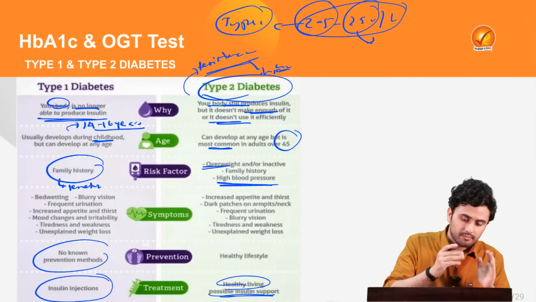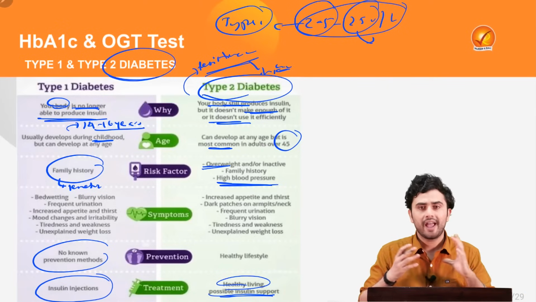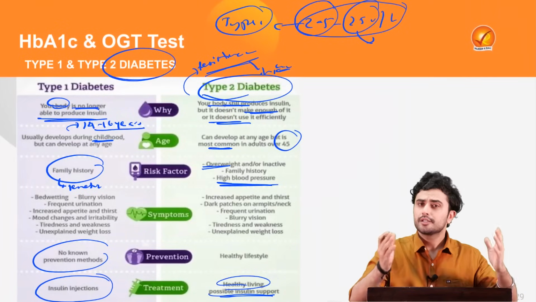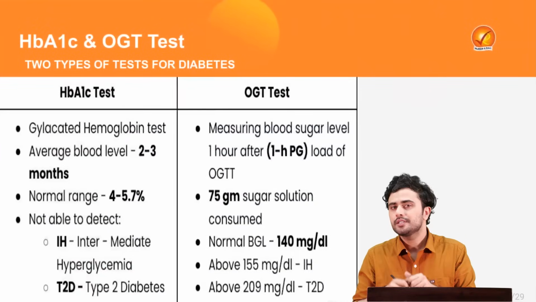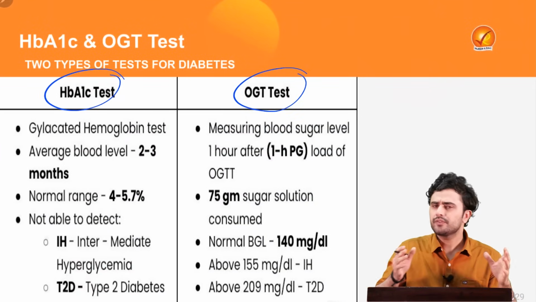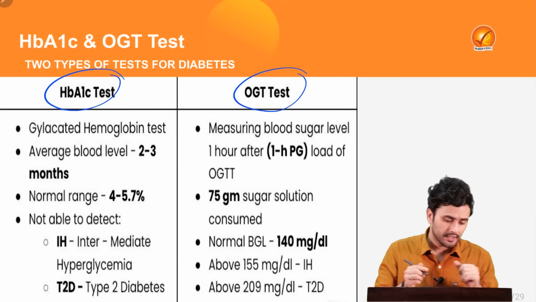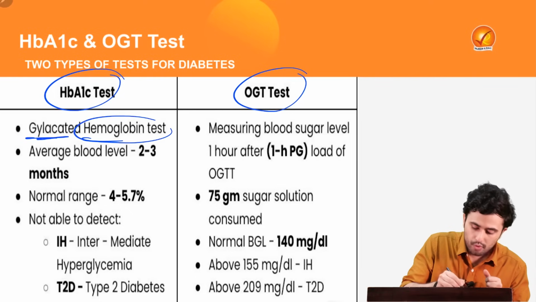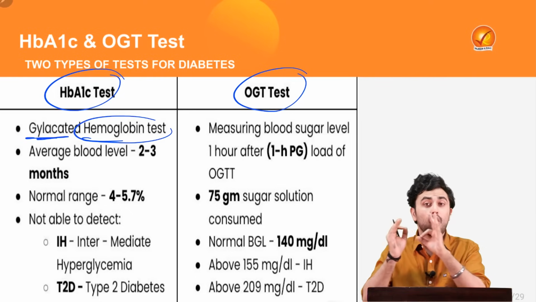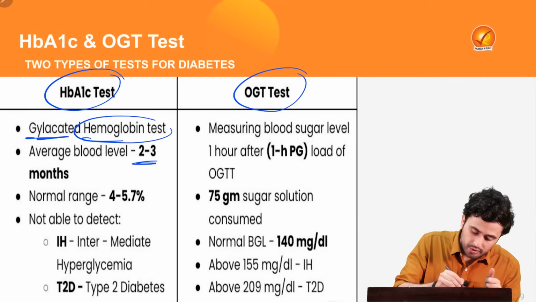Thus, to deal with this issue of diabetes, doctors prescribe various kinds of tests, such as the HbA1C test and the OGT test. So let's first try to understand the HbA1C test, which is basically a glycated hemoglobin test which tells the average level of glucose in the blood in the last 2 to 3 months.